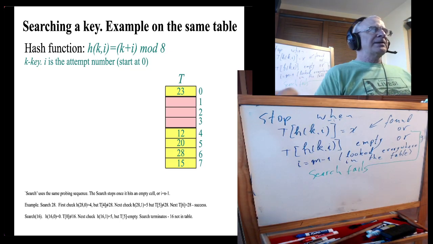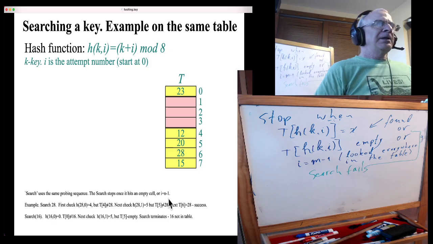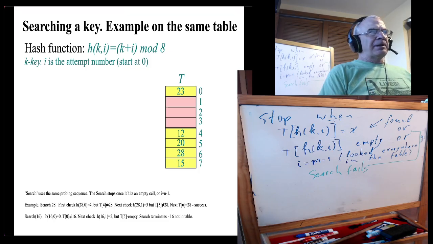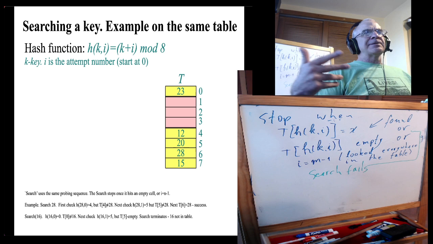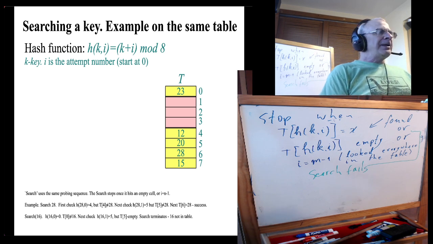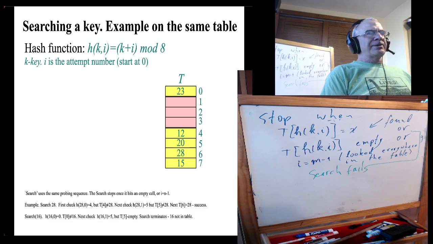We looked for a key that is not in the table. And as we mentioned already with respect to chain hashing, unsuccessful search takes more time. There is on average more elements to check until we realize that our key is not there. Any questions so far?